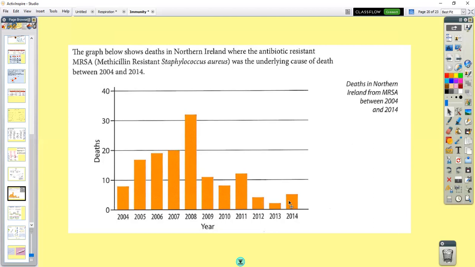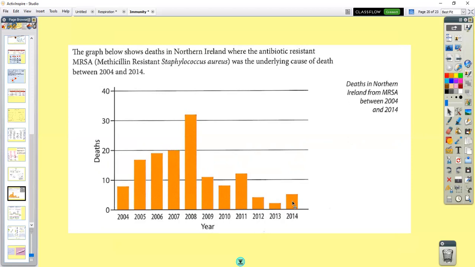A number of these viruses are retroviruses, so they have RNA, which makes them a bit less stable than the ones that have DNA within them. And also, antibiotics have no effect on viruses. So that can cause them to spread more easily.